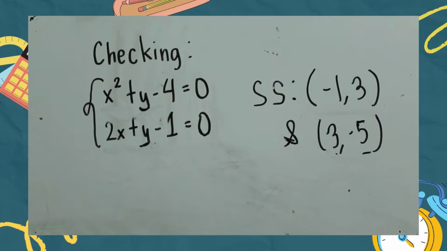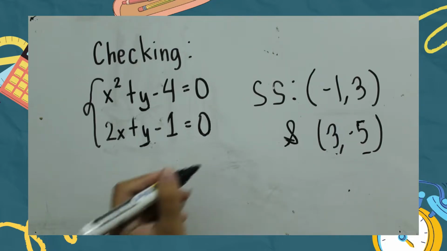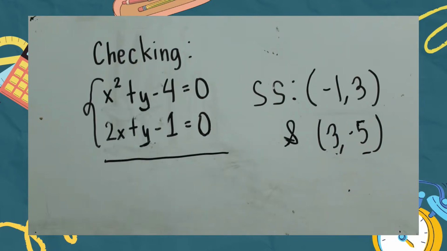So now, since we already got the two solution sets of our nonlinear equation, we can do the checking. In order to do the checking, we will substitute the two solution sets into the values of x and y in our original equations.